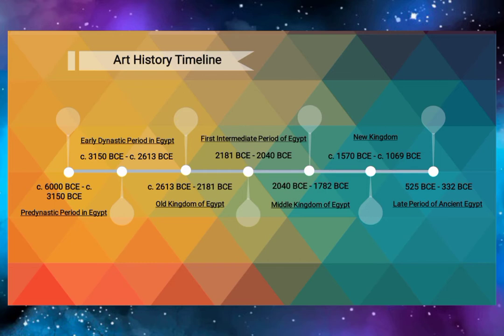Historically, the Nile is the longest river in the world, over 4,100 miles long. It is located in northeast Africa and flows through many different African countries including Egypt, Sudan, Ethiopia, Uganda, and Burundi.